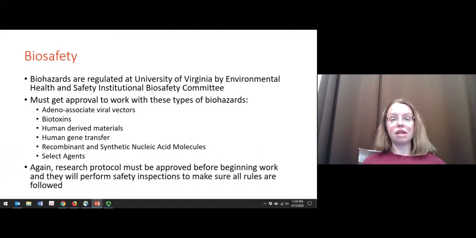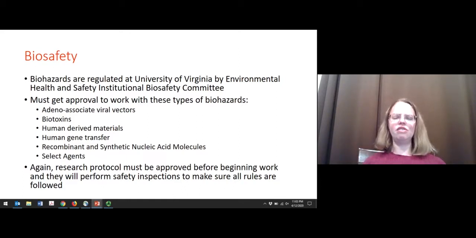Things like biotoxins, my lab uses biotoxins, are regulated. Human-derived materials, human gene transfer, again, if you're trying to do some sort of genetic manipulation, and recombinant and synthetic nucleic acid molecules, and then what they call select agents, which are somewhat like biotoxins, but things that kill you.